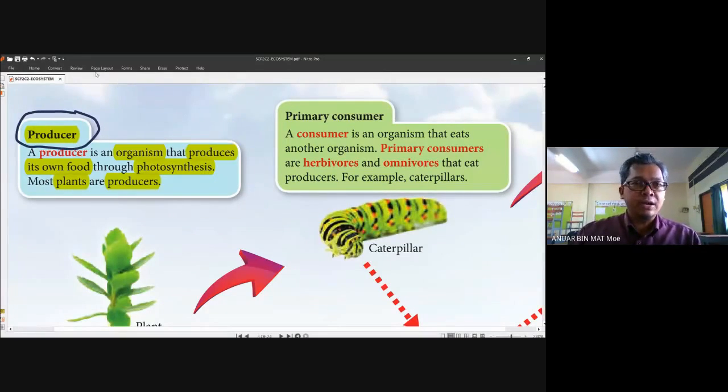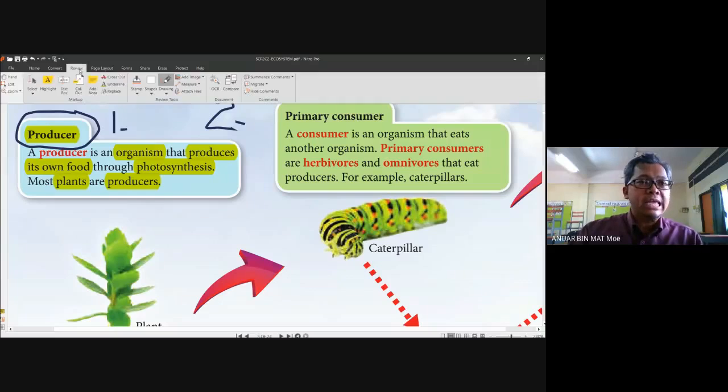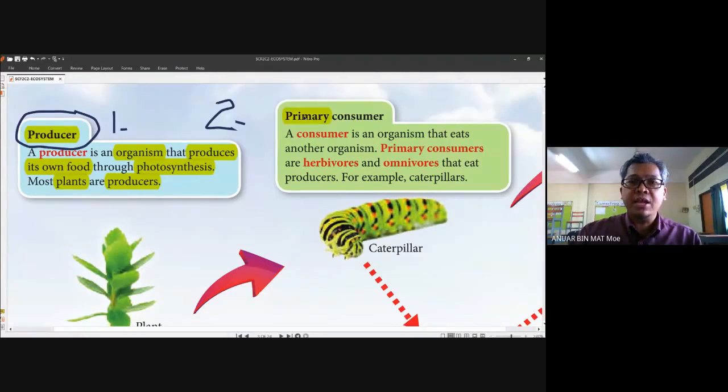Remember this. Next, the first role is producer. The second role of organism in ecosystem, we call it primary consumer. Okay, primary consumer. What is meaning by consumer? From the word what?